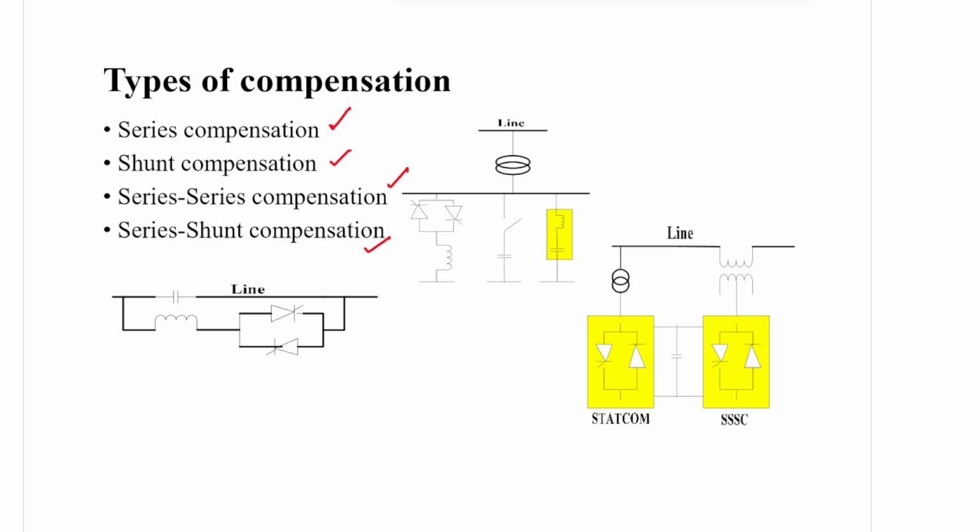Now this is a typical example of series compensation. This is a typical example of shunt compensation. And this is a typical example of series-shunt compensation.